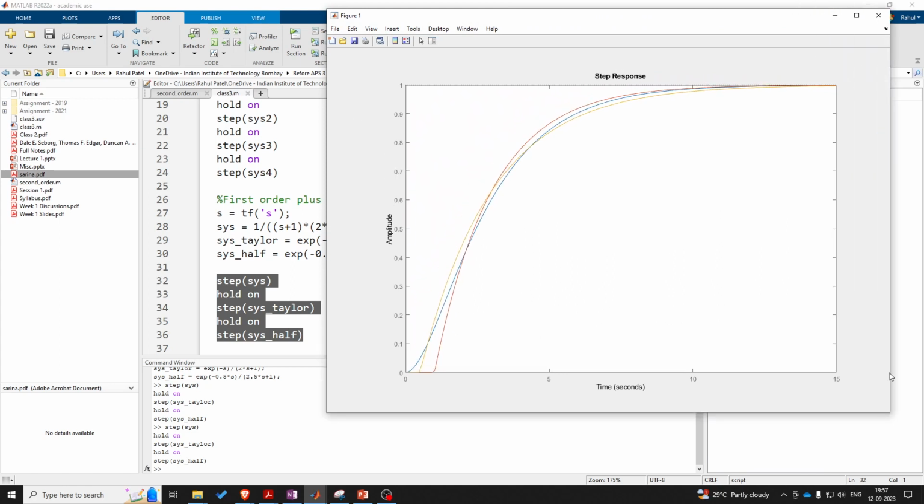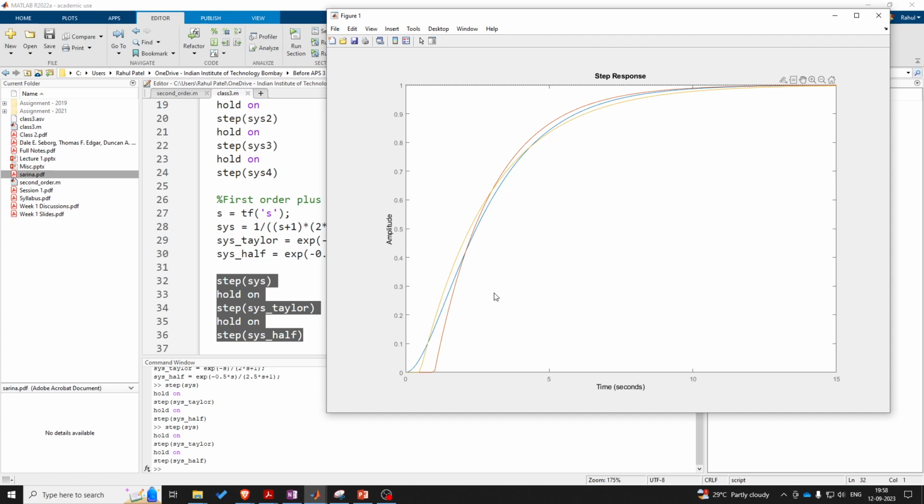So this is the response corresponding to the step input. Let's start with this blue line. The blue one is our original system. Now we had to approximate this blue line using first order plus time delay.